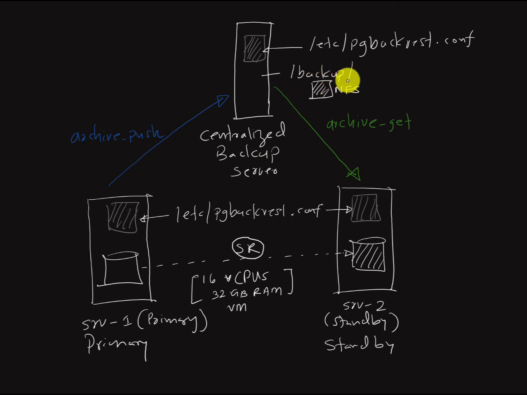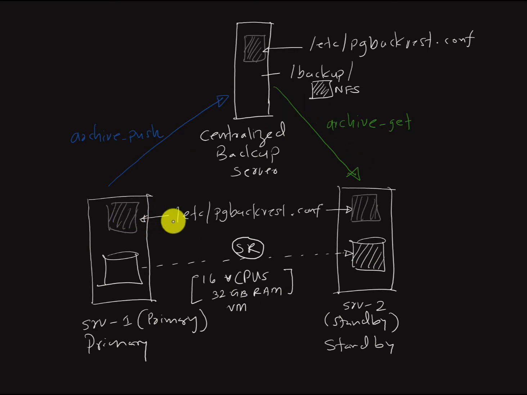So the backup repository is attached to the centralized backup server. The archived WAL files will then be used by the standby server to create the warm standby server for Postgres. Basically, it creates a streaming replication between the primary and standby servers. All 3 servers have pgBackRest installed.